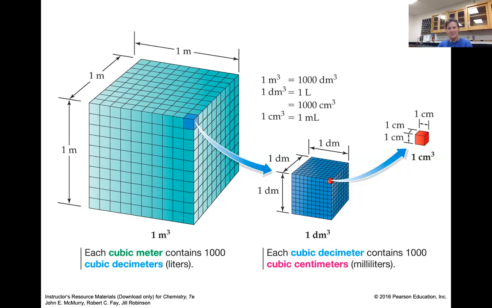This is a pretty good visual that if you have a cube and it's a meter on all three sides, then you could think about how many decimeters cubed you have and how many centimeters cubed. So you can convert from different units of volume. And we'll look at that a little more. It really doesn't do it here like it should, where it shows you where the cubed comes from.